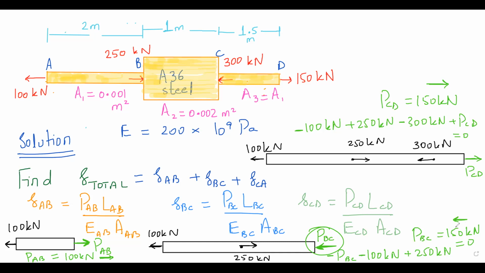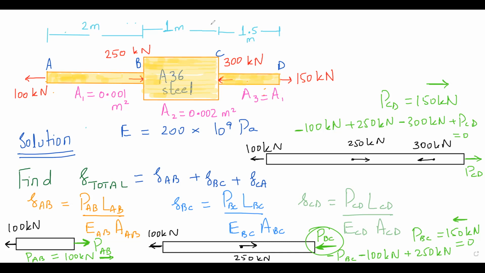So anyways, now the last piece of the puzzle is doing the number crunching. I'm not doing it, you do it. Is it even visible, the green? Probably not the best choice of color. So PAB, LAB over EAB, give me the answer for that. Delta BC, give me an answer for that. And delta CD, now you have to be careful here.